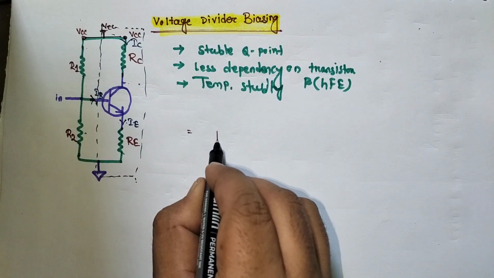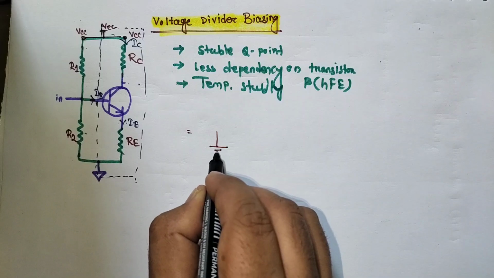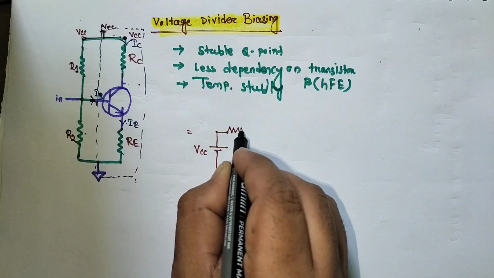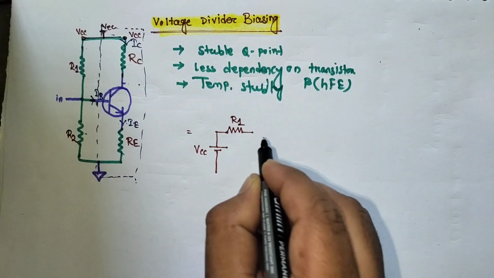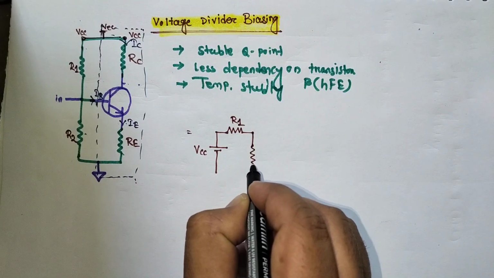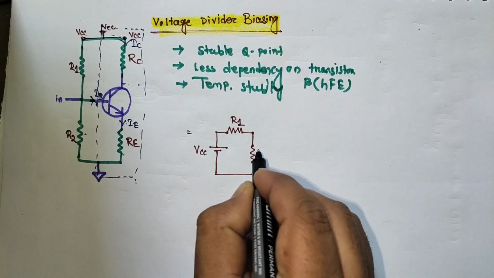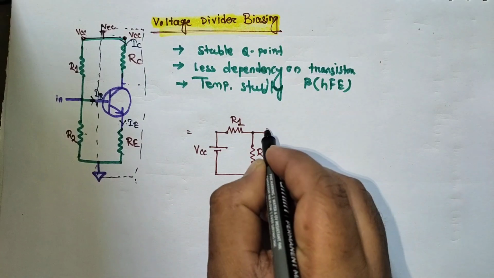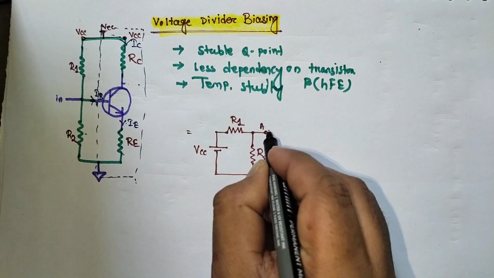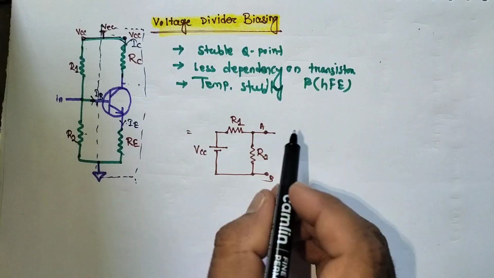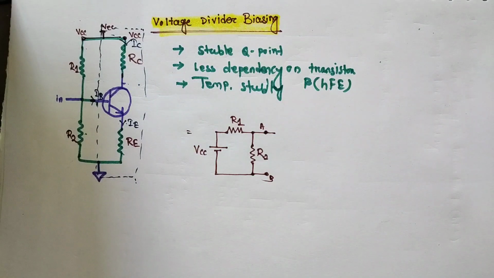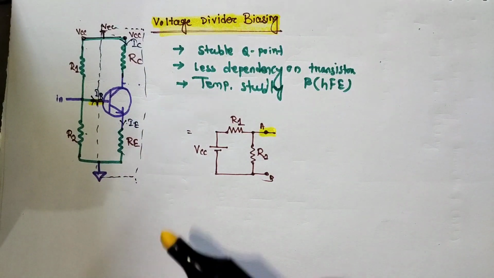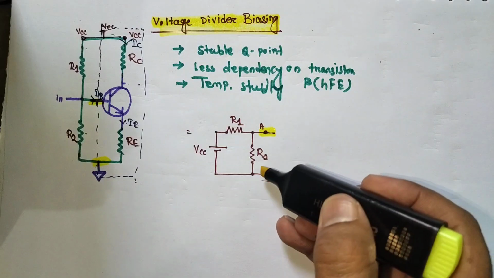Here is the VCC, here is R1, and here is R2, and this is the terminal, which I can name AB, where A connects to the base, and this is the ground.